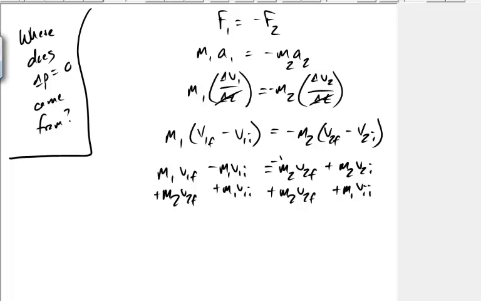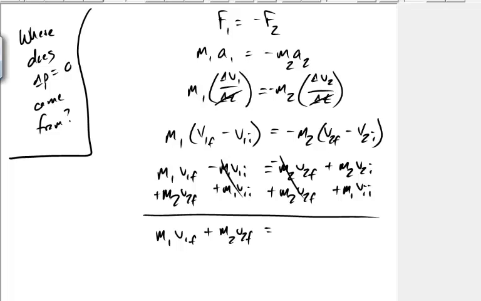Okay, and so let's see, that goes away and that goes away. And what am I left with when I do some addition? I'm left with M1 V1F plus M2 V2F. So the final momentum is going to be equal to M1 V1I plus M2 V2I. The initial momentum, right?